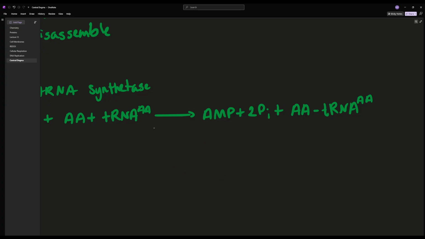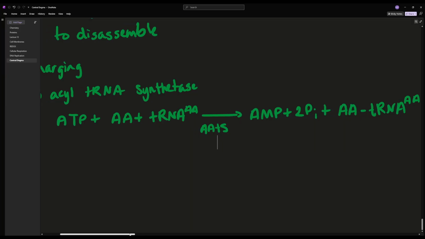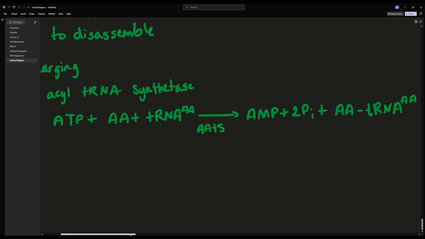And this is using, like I said, the aminoacyl tRNA synthetase. This is the overall reaction it catalyzes. You might get to see the mechanism a little bit more in detail, but this is the overall. You're going to use ATP to connect the tRNA to its amino acid.